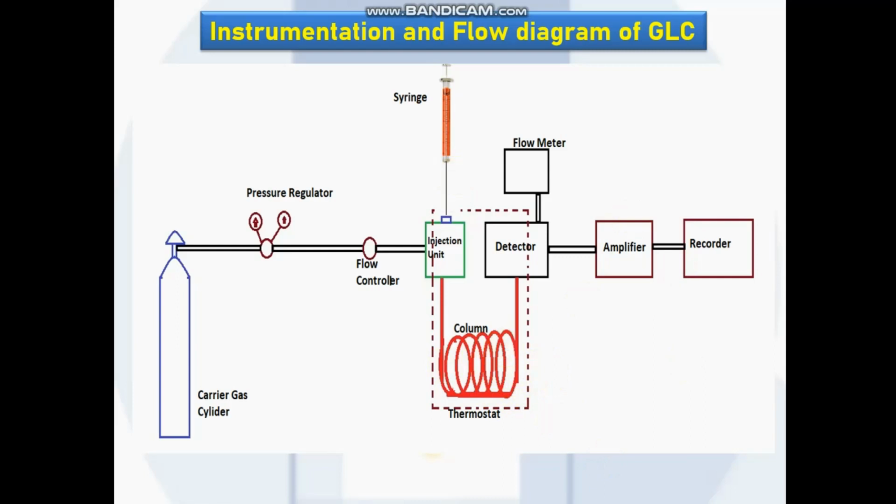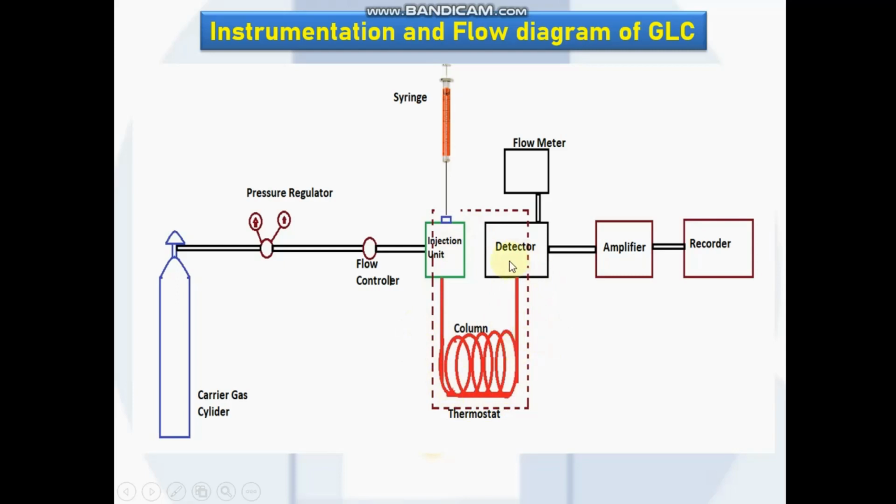It consists of coiled tubing made of heat resistant materials like stainless steel, modified glass, fused silica, etc. The desired temperature can be maintained or can be set by using this thermostat.